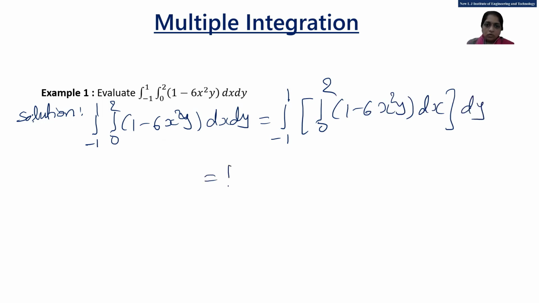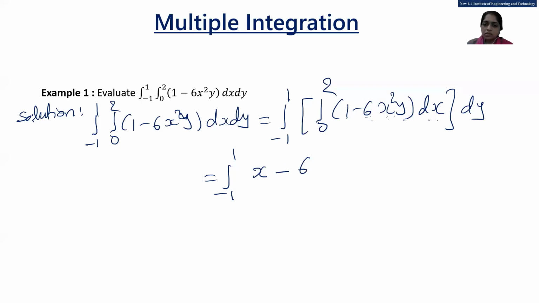Okay. Now -1 to 1. Integration of 1 with respect to x is what, students? x, yes. And for 6x square y, what is the integration with respect to x? Here 6 and y are constant, right? And the integration of x square is x cubed by 3.